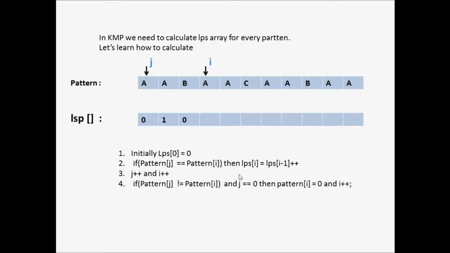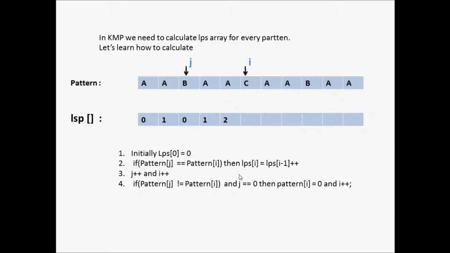Okay, now pattern of j equals pattern of i. So in LPS, we take the previous index value plus 1. The previous LPS is 0, so LPS of i equals 1. Then j plus plus and i plus plus, again equal, so again the previous index plus 1, so 2.